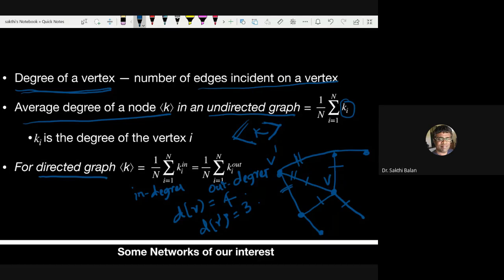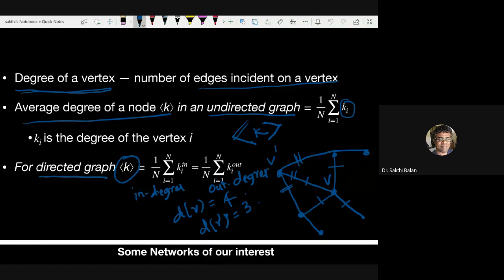If you are talking about an undirected graph, there is no in and out, because all the edges are having both directions there. So it doesn't make sense to talk about in and out in an undirected graph. But if it is a directed graph, it makes sense to talk about an in-degree and an out-degree. So you can now talk about the average in-degree and the average out-degree also.